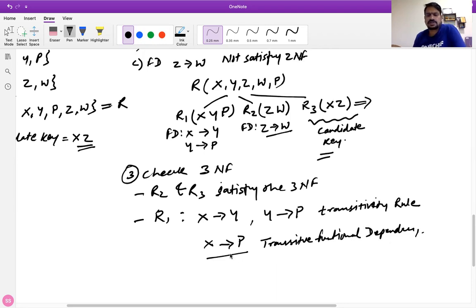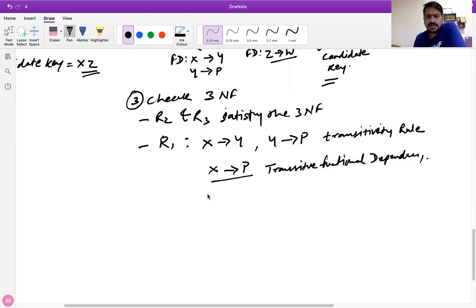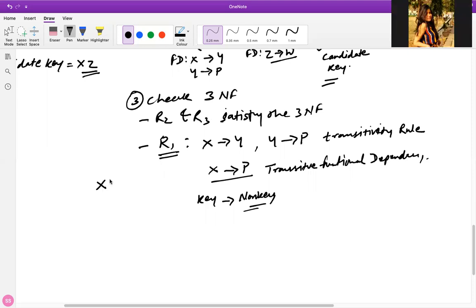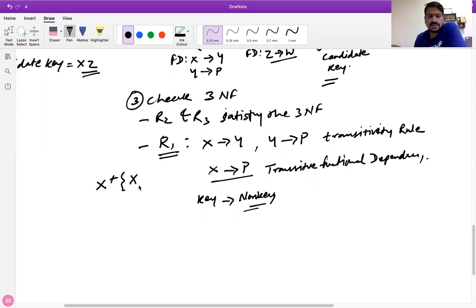Now check for this. Is any part of the key determining some non-key? Here in this table R1, which is the key? X closure, we are getting X, Y, and P. So X is the key. This key is determining some non-key in a transitive functional dependency. So it is violating third NF, right? It is not satisfying third NF.